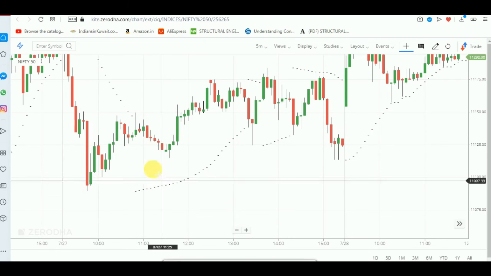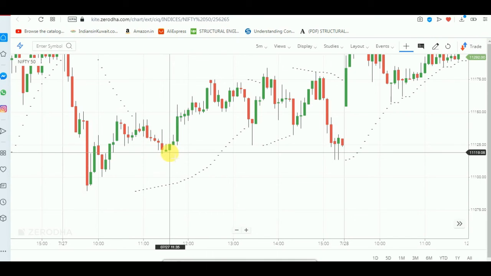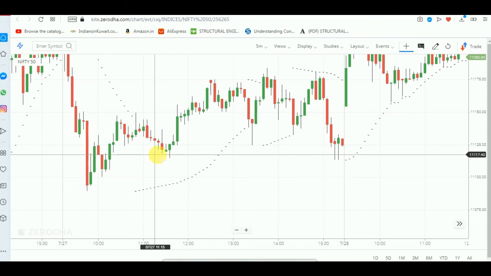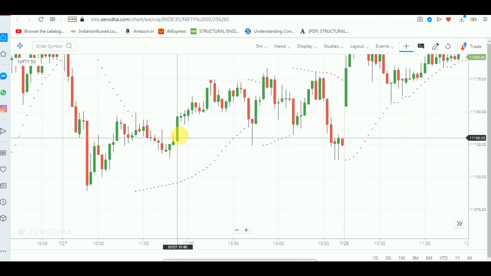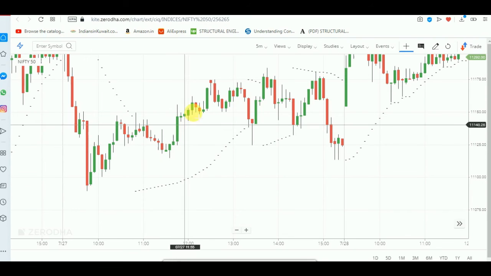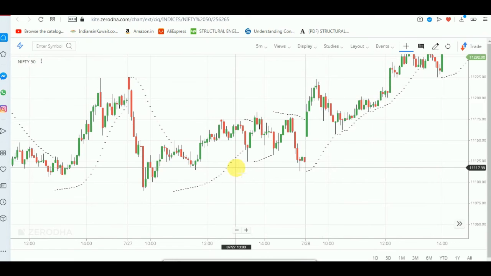So to avoid this, you need to wait and see whether it is falling or not, and when it ends somewhere, when it ends at the bottom, that is basically called a bottom finish, and if it starts moving the other way, you can enter the market so that you can capture a good move.